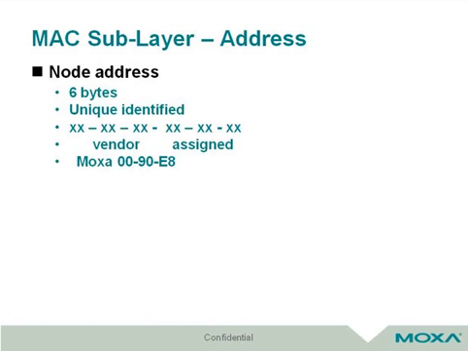You can distinguish who made the device by the vendor ID. For example, MOXA is 00-90-E8. When you see a device with this vendor ID, you know it's made by MOXA. The last 3 bytes are assigned by the vendor.